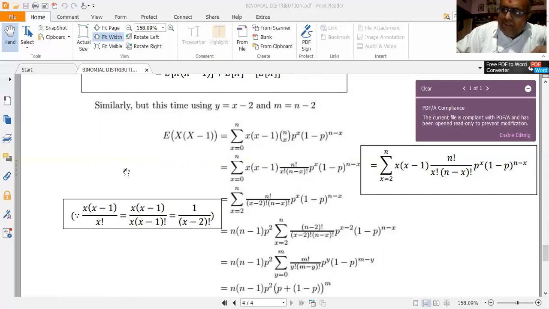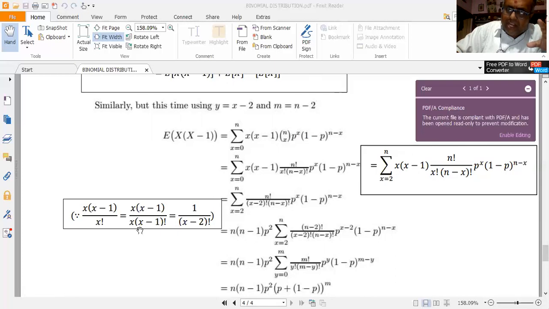So here one should be very, very careful, right? That's what I told. I am evaluating x into x minus 1 by factorial x. Factorial x can be written as x into x minus 1 factorial. So x and x get cancelled. I am left with x minus 1 by x minus 1 factorial. Now x minus 1 I shall keep as it is in the numerator.